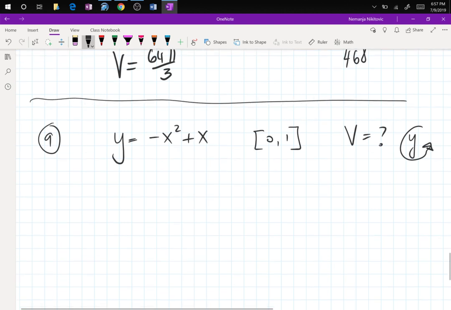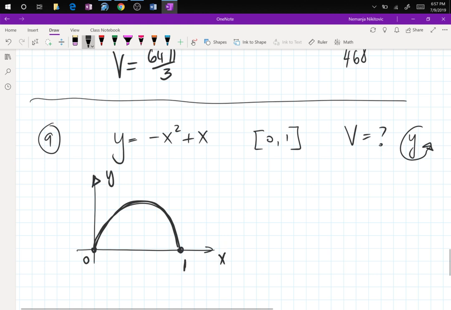Let's see why. You draw the function, which is this downward opening parabola that starts at 0, ends at 1, and your rotation is on y.